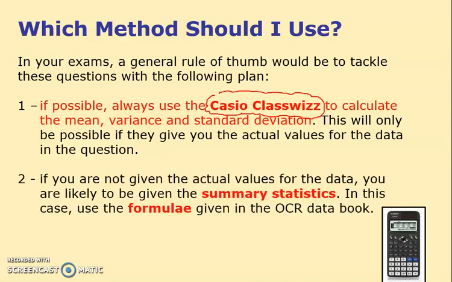They don't actually tell you the actual values. Sometimes they tell you the summary statistics, and they'll need to tell you n equals whatever, sigma x equals whatever, and sigma x squared is equal to whatever. If you get told these things, then you will be able to use a formulae. And there's no way around that. If they don't tell you actual numbers, you have to use the formulae. So bear that in mind.